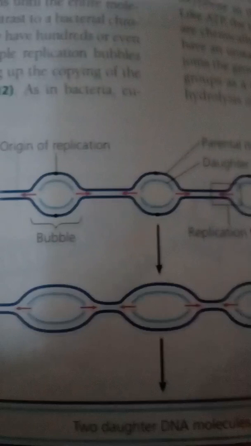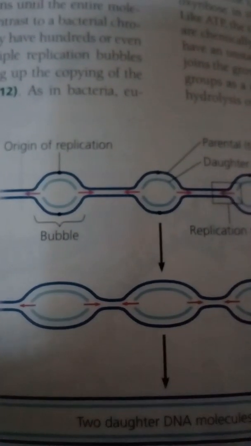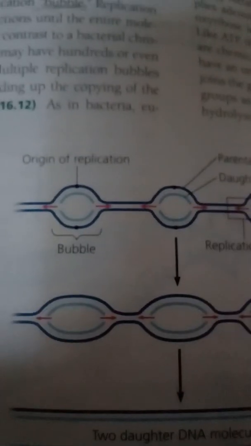Also, in contrast to a bacterial chromosome, a eukaryotic chromosome may have hundreds or even thousands of replication origins. Multiple replication bubbles form and eventually fuse, thus speeding up the copying of the very long DNA molecules.